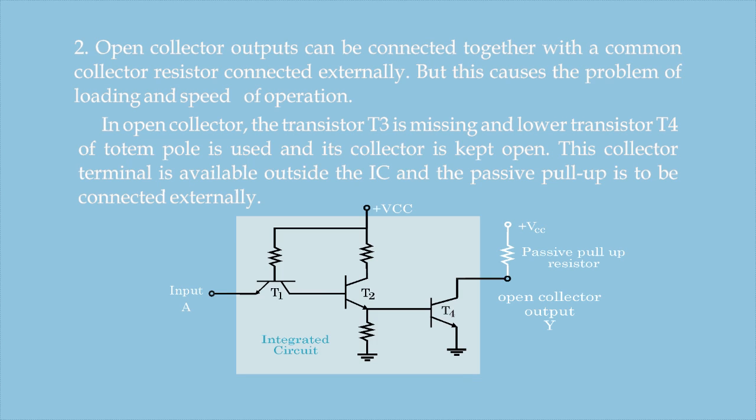Propagation delay is nothing but, suppose we have a gate and the output is high at this moment, and suppose the input conditions are changed and the output is now changing. The time taken by the gate to change its output when the input conditions have been changed, that time is called propagation delay.